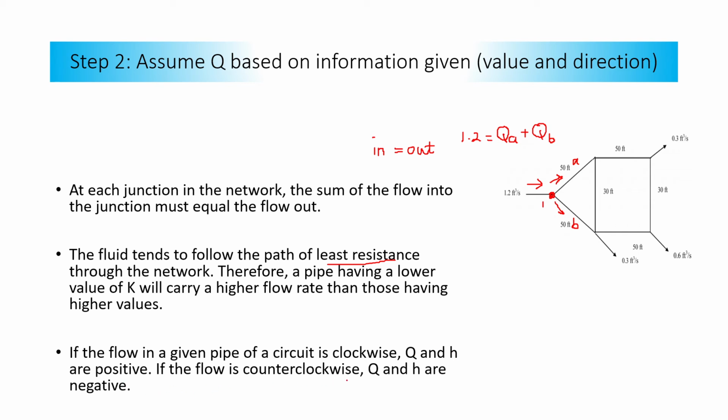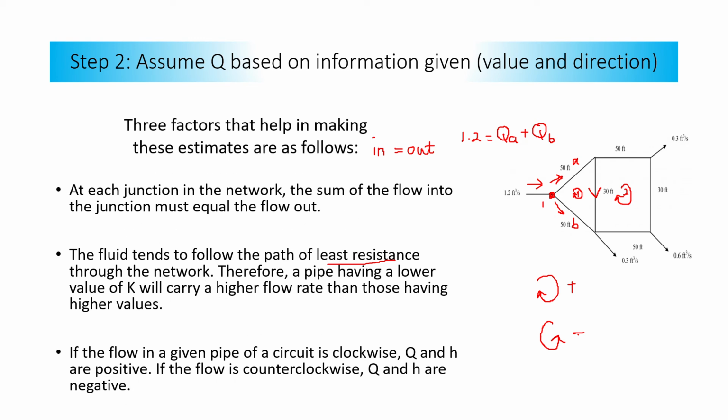If the flow is counterclockwise, Q and H are negative. I drew this as loop 1 and this is loop 2. This is clockwise. When it follows the clockwise direction, it is positive, but when it goes the opposite of clockwise, then it is negative.